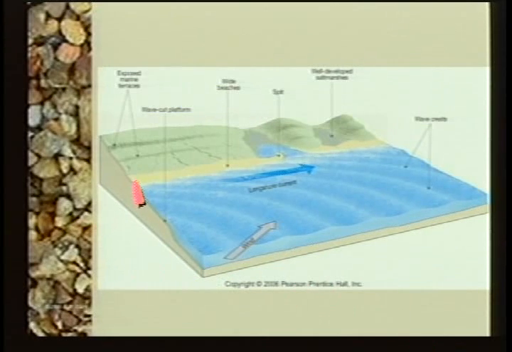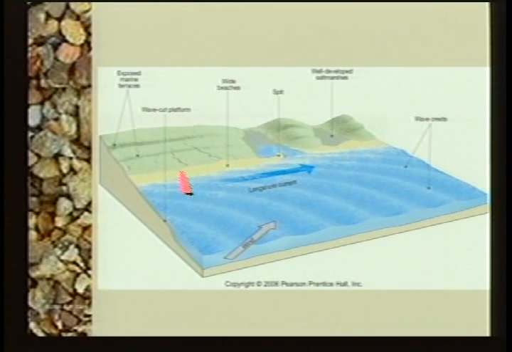Here we see a beach area, nice sandy beach, and we see migration of the sand beyond this nice little bay to where the sand has moved into open water. This area where the sand's moving into open water is referred to as a spit. Now, in which direction do the longshore currents flow?